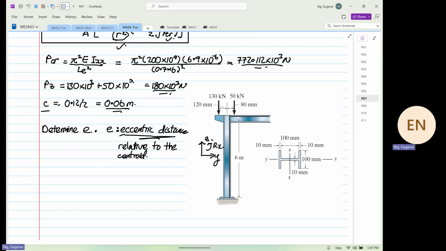Then it is this C that compensates for the distance relative to the centroid. Does that make sense now? Okay, good.